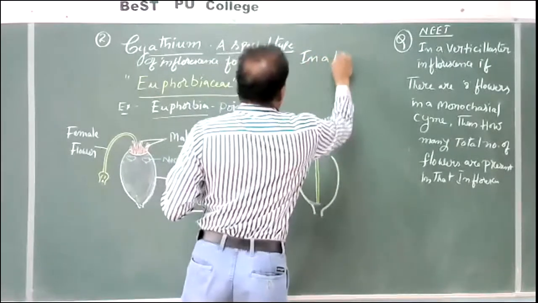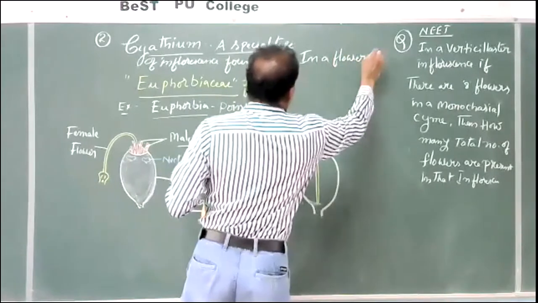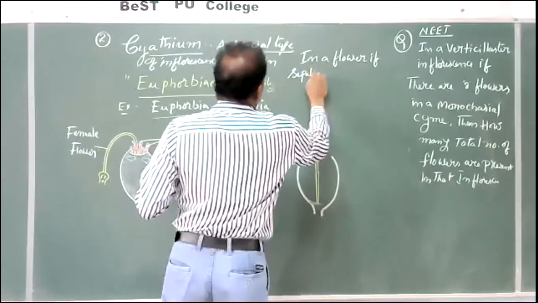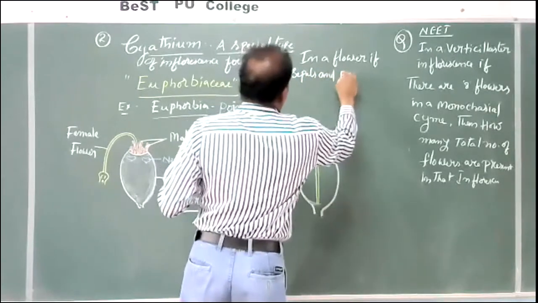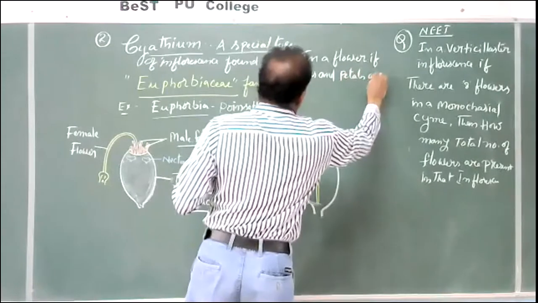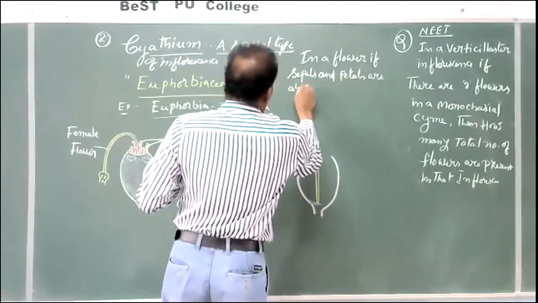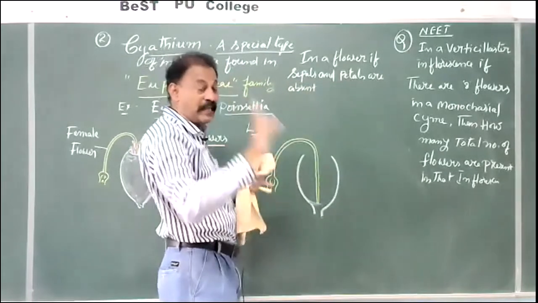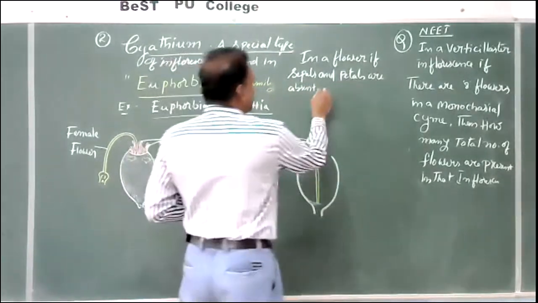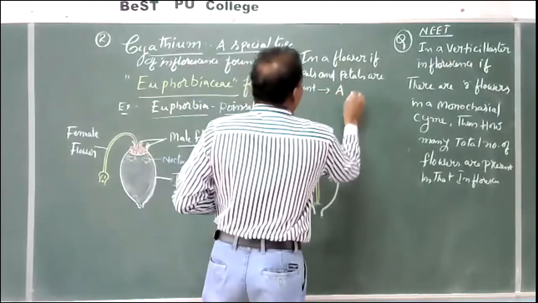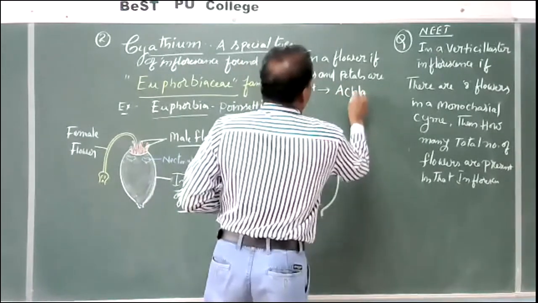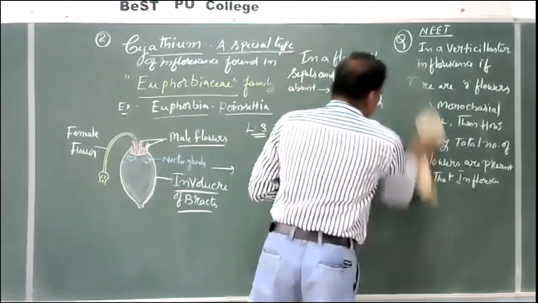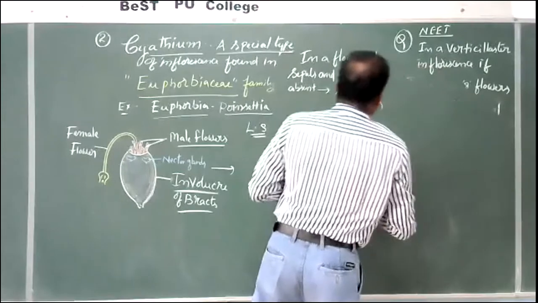In a flower, if sepals and petals are absent, not present at all, no sepal, no petal, and the flower is represented by only gynoecium, such a flower is called achlamydeous.